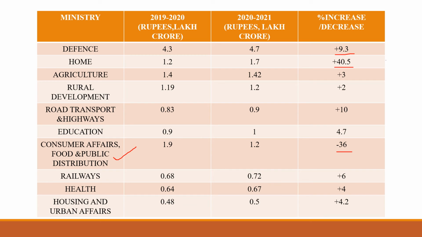At the same time, we also see ministries such as Rural Development and Agriculture have the lowest growth in the budget allocation. It will be interesting to see what budget allocations are made for these ministries in the budget of 2021-22, considering all the conflicts which the government has been facing with the farmers and the focus which the government emphasizes on rural development.